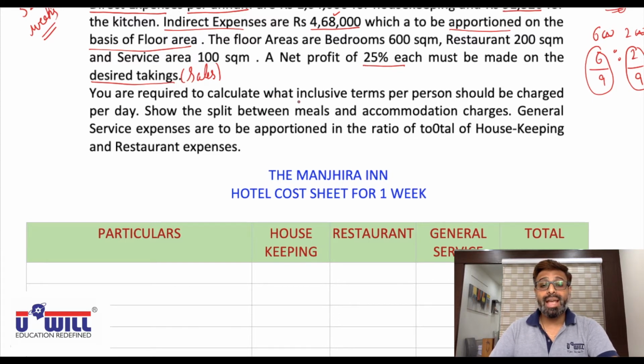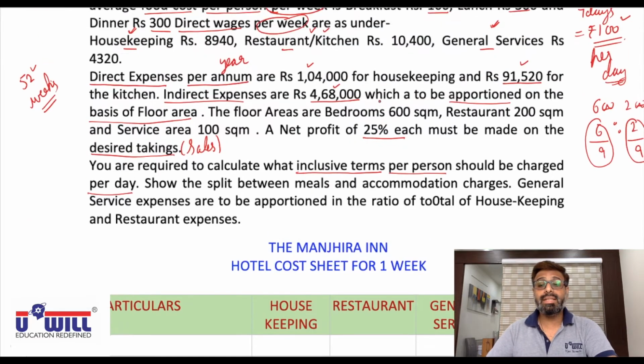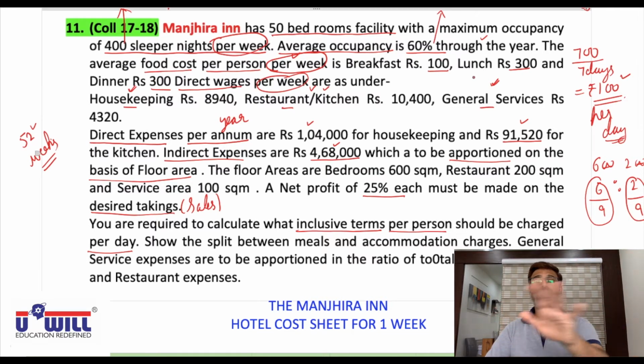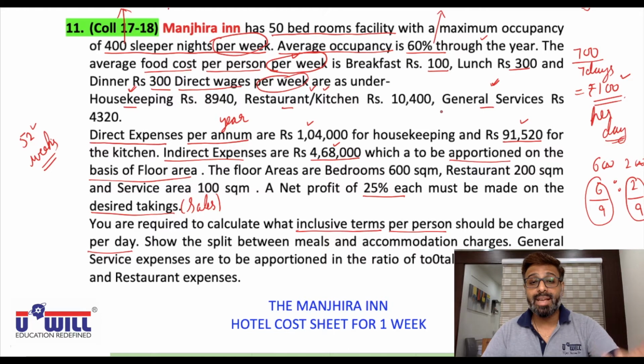You are required to calculate what inclusive terms per person should be charged per day. Inclusive terms means how much should be charged per person per day, so that we recover housekeeping, restaurant and general service expenses, all the three departments' expenses, from our customers.